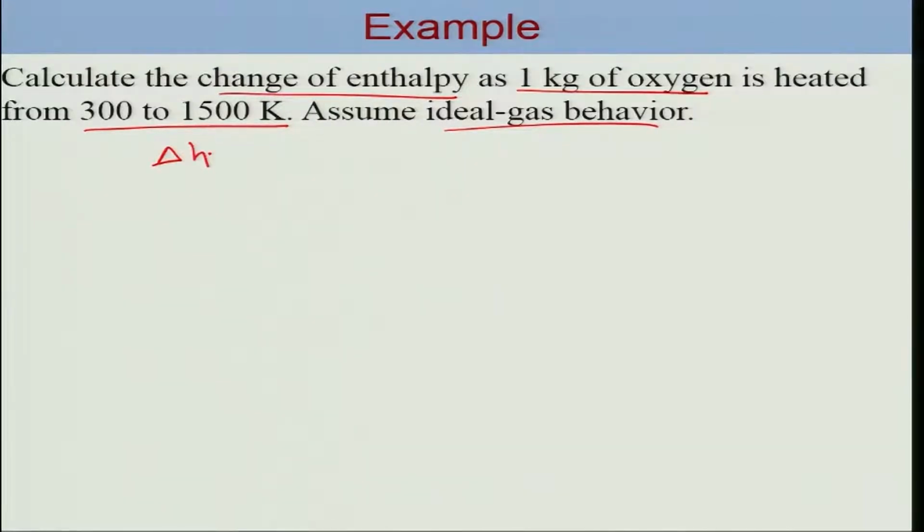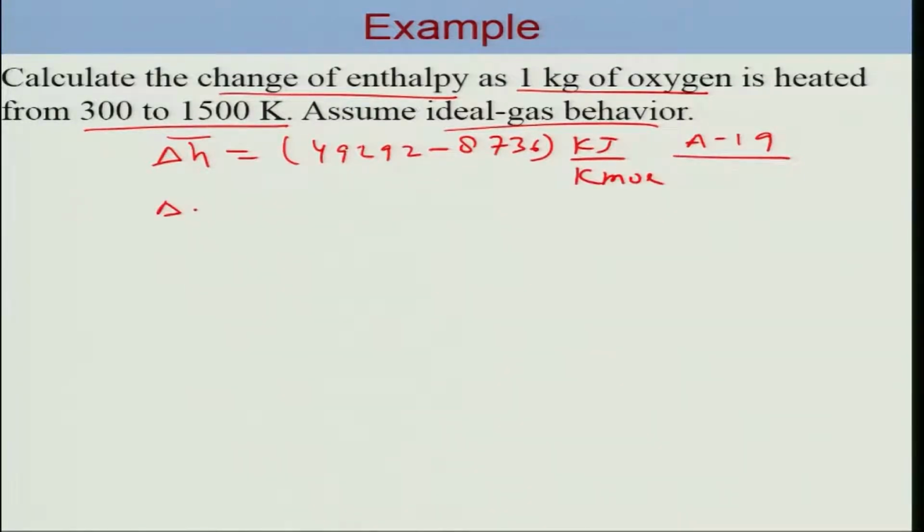One is calculating delta h directly from the table. For oxygen, the relevant table is A19, and in this table h is given on a molar basis. So delta h bar for 300 to 1500 will be based on table A19, and the values are 49292 minus 8736 kilojoules per kilomole.